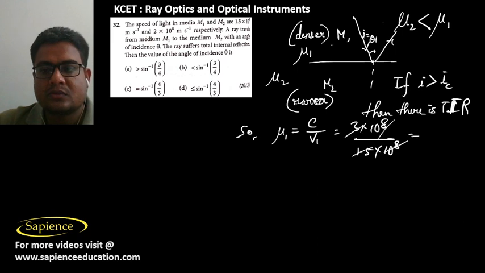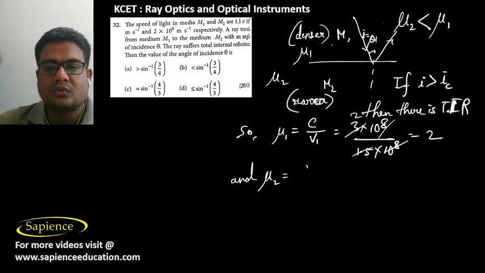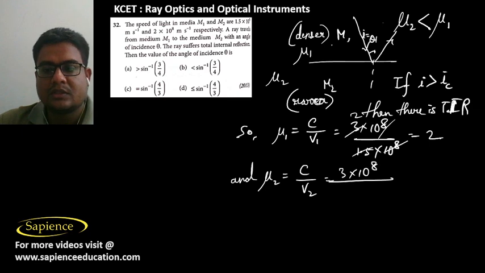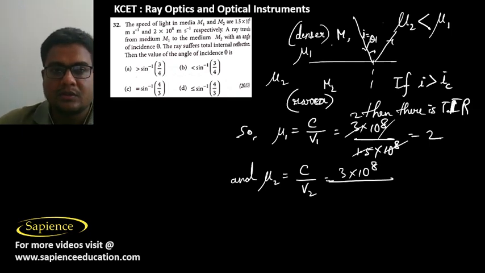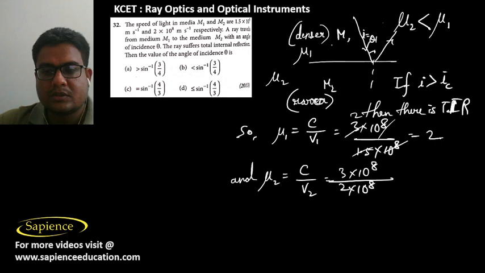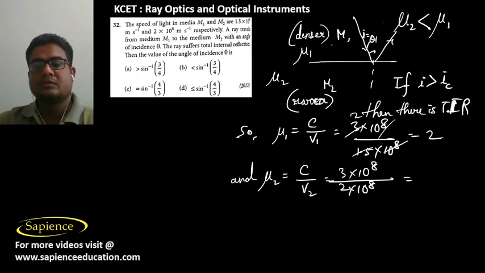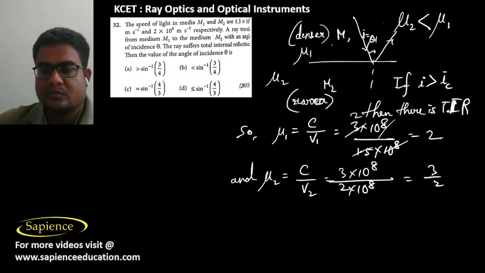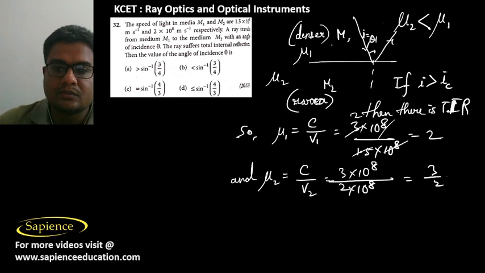So that is equal to 2. And the refractive index of medium 2, that will be C by V2. So that will be 3 into 10 power 8 by 2 into 10 power 8. That will be equal to 3 by 2.